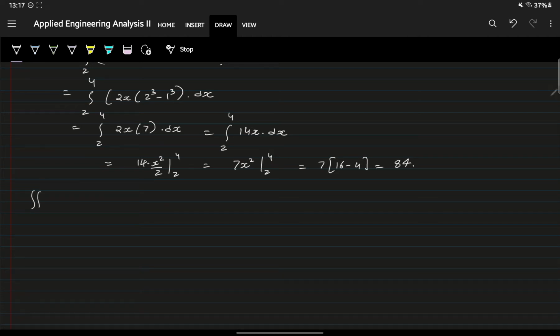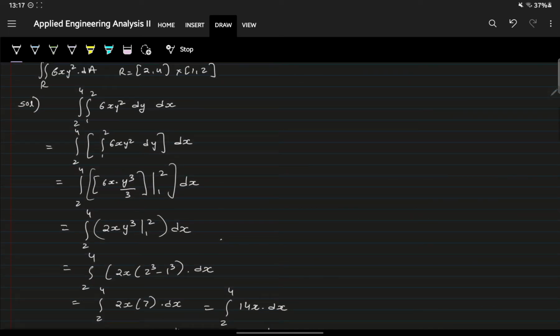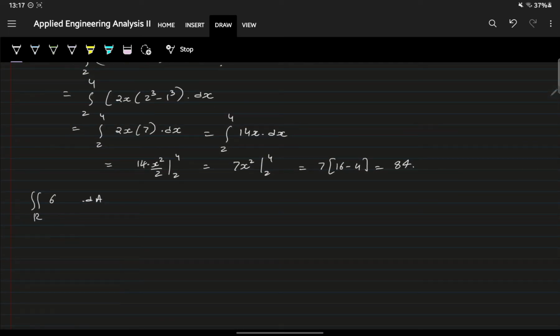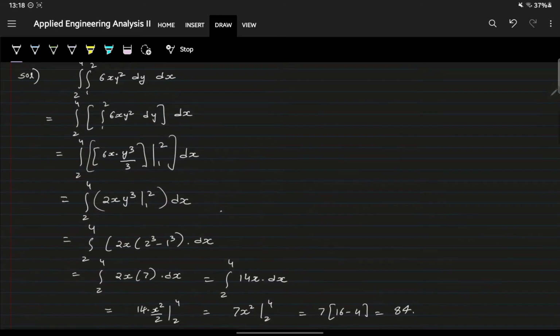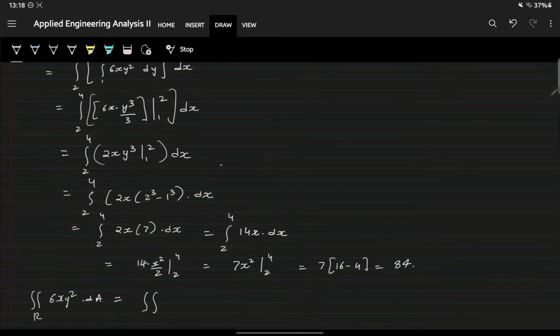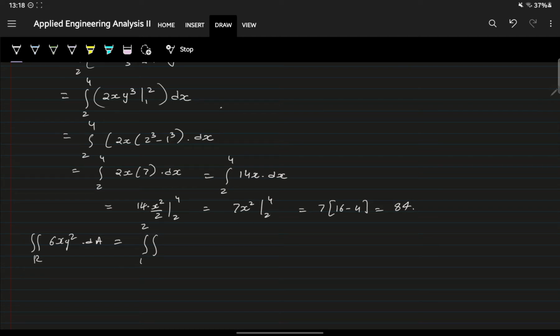So we're given this, and initially we took our inner limit as 1 to 2, now let's take it as the outer limit, with 6xy square, with dx and dy.